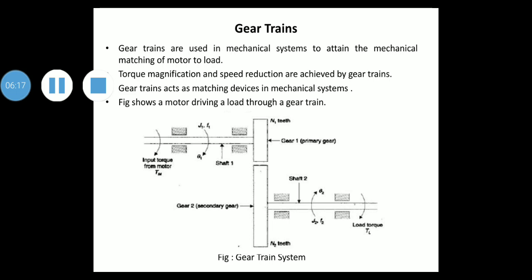The moment of inertia and viscous friction of the motor and gear 1 are denoted by J1 and F1, and those of gear 2 and the load are denoted by J2 and F2 respectively.